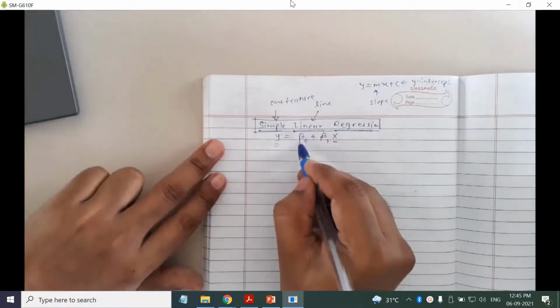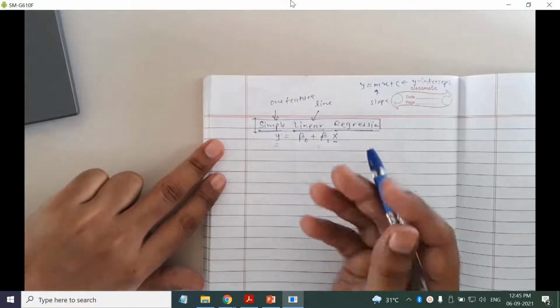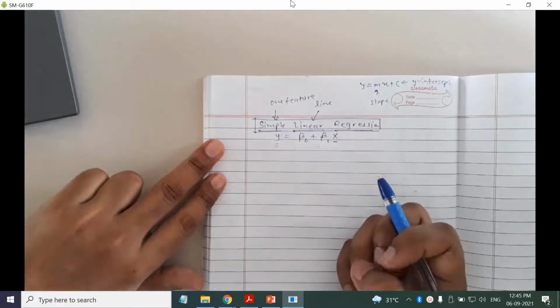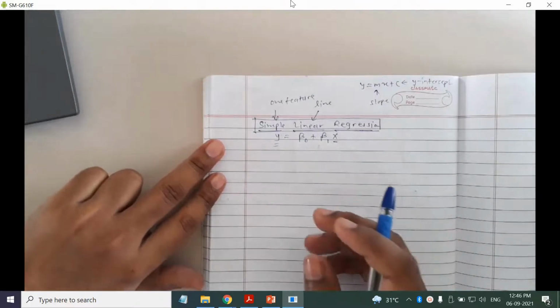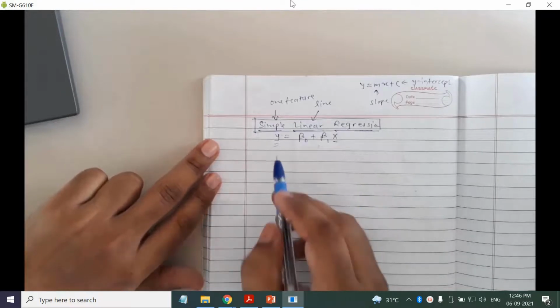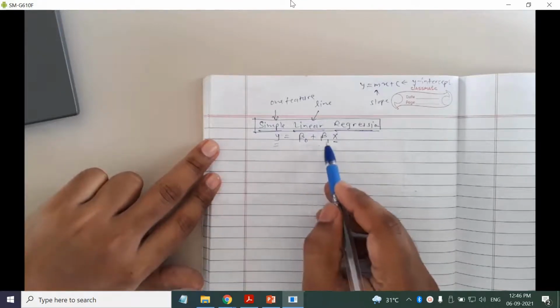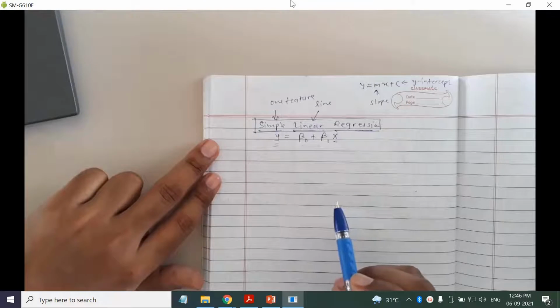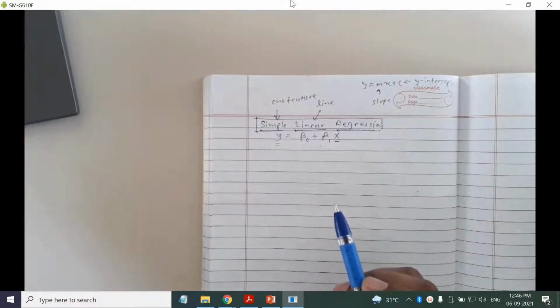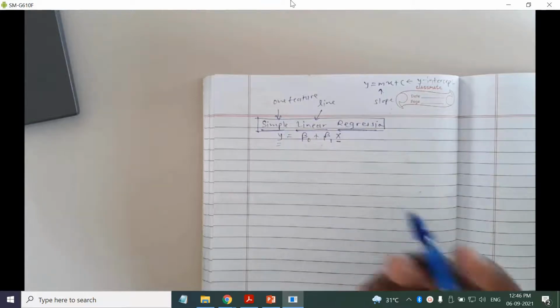Now using our given samples we have to learn which variables. Can you tell me? We have 4 variables here: y, beta 0, beta 1 and x. From the given sample we have to learn which coefficients or which variables out of these 4.